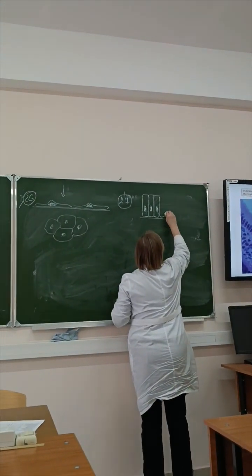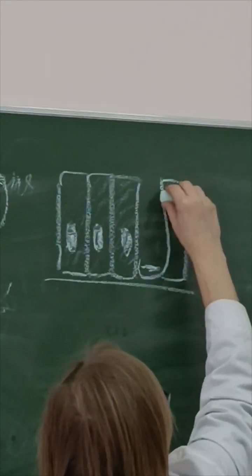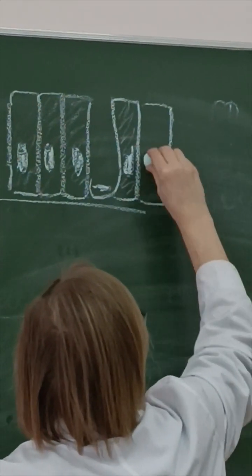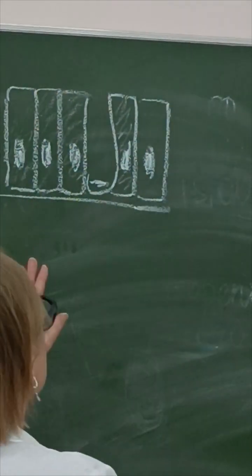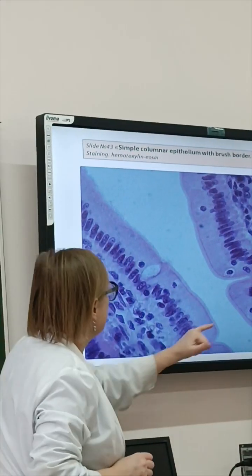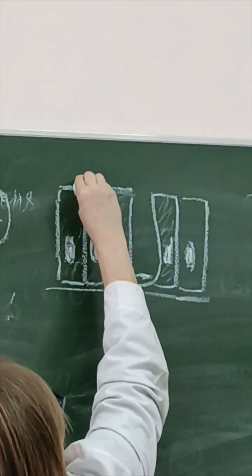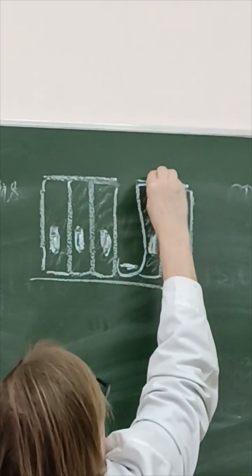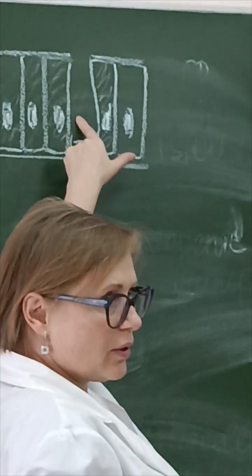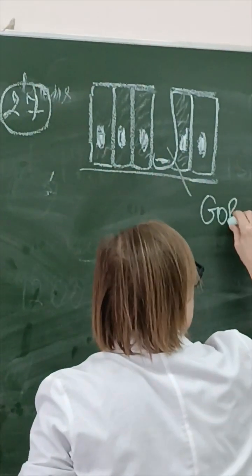And we can demonstrate this cell also on our model. And look please, on the apical surface we can see an enlargement. So we add such an enlargement because these cells have microvilli, except only the glandular cell. This cell we name a goblet cell.